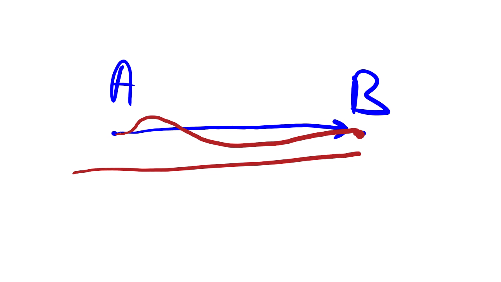So if the object moves in a straight line, the displacement is 2 meters, and also the distance is 2 meters. But when the object moves in a zigzag line, or does not move in a straight line, then the distance will be more than 2 meters, but the displacement still remains the same.